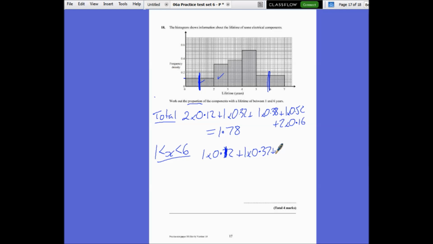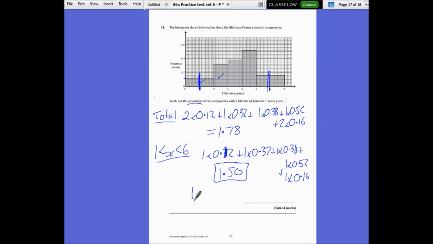The third bar was 0.38 tall, so 1 times 0.38. The fourth bar was 0.52 tall, so 1 times 0.52. And the last bar, we only want half that up to 6, so that would be 1 wide times 0.16 tall. And if we add all that together, you get 1.50.